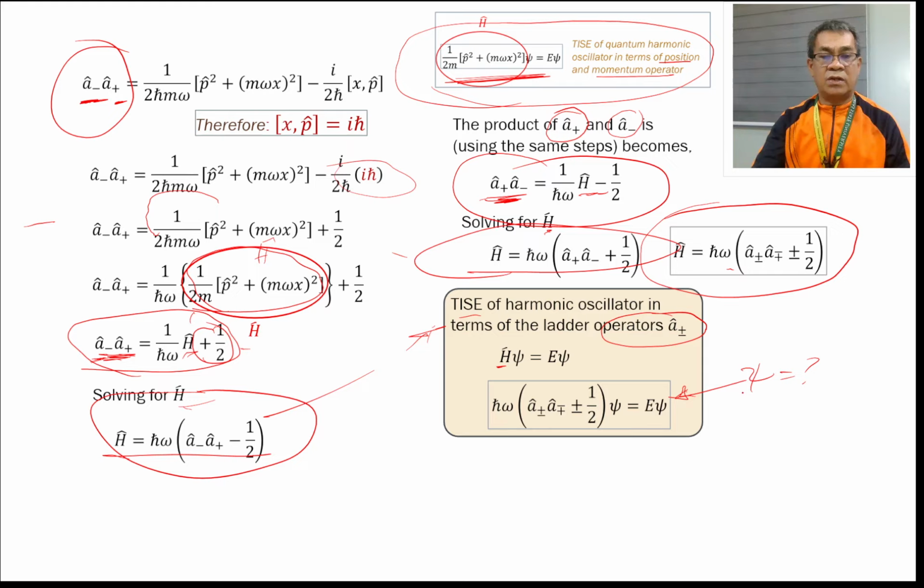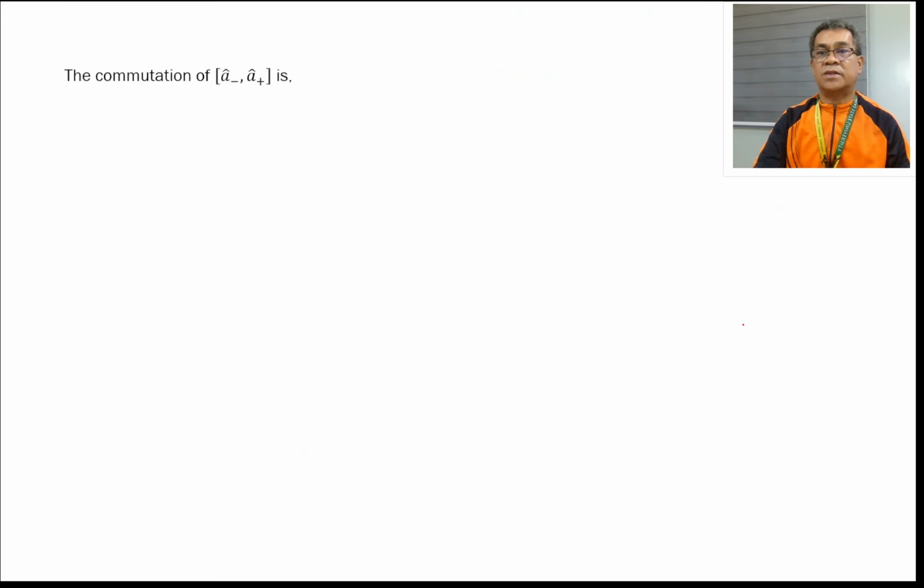So how will we solve psi? Let's start with the commutation, since ladder operators are operators, so we also have a commutation. The question is, what is the commutation of the lowering and raising operator?